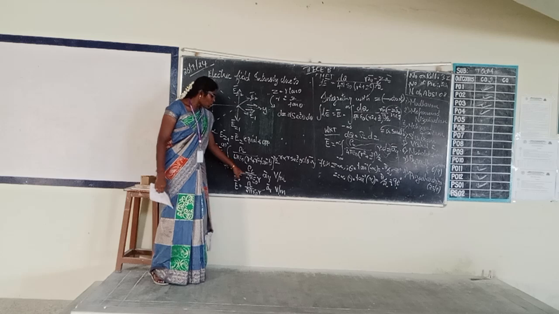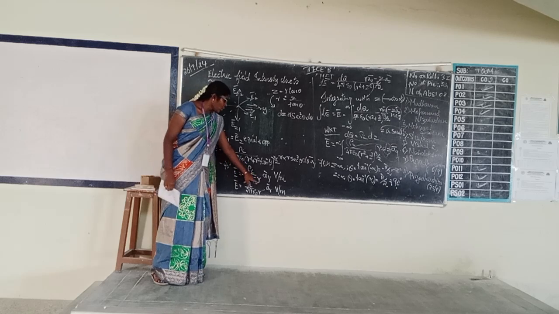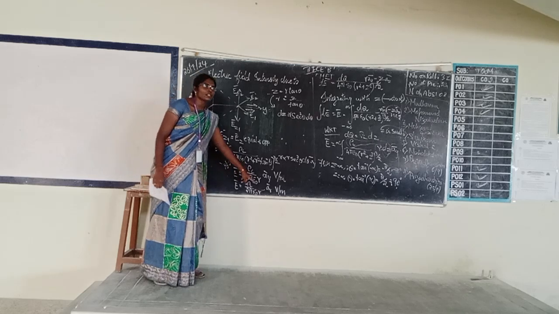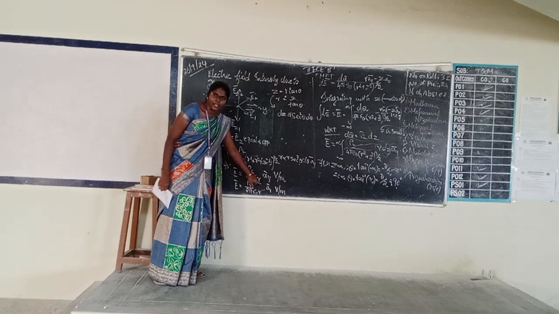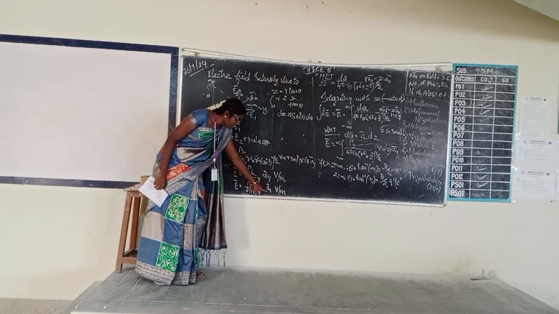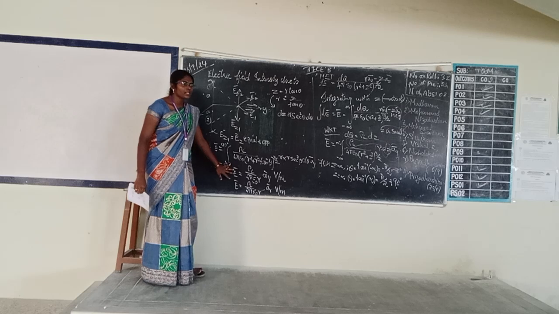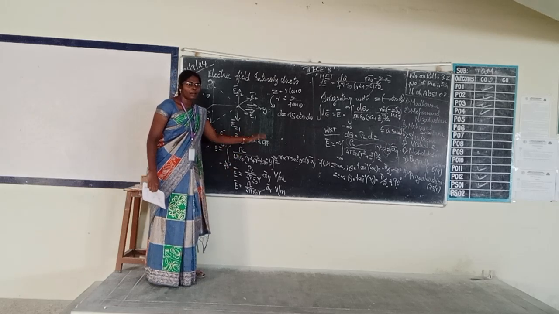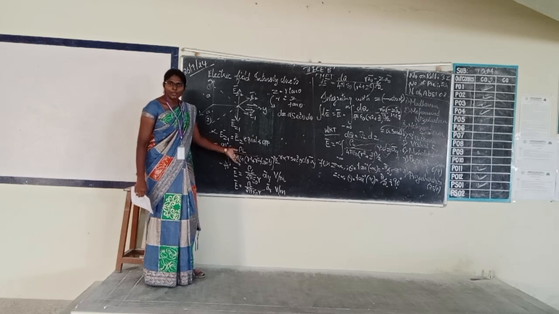It will be rho L by 2 pi epsilon naught r into a_rho vector. So we are considering this for the r vector or distance, so the unit vector can be replaced by the r vector. That's it. Clear up to this? There is no need to apply this upper limit and lower limit; you can just remember this also.